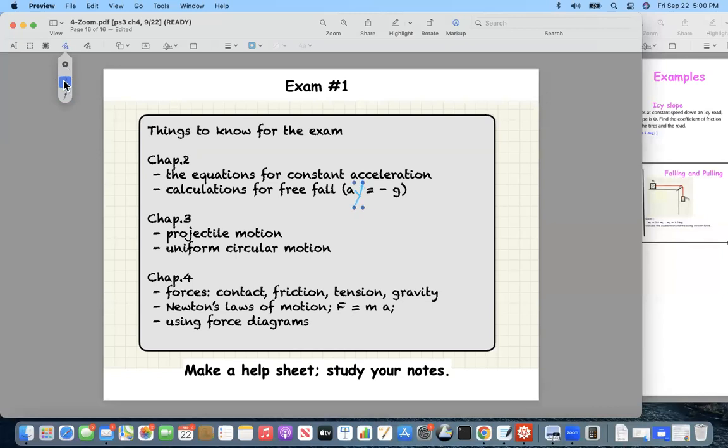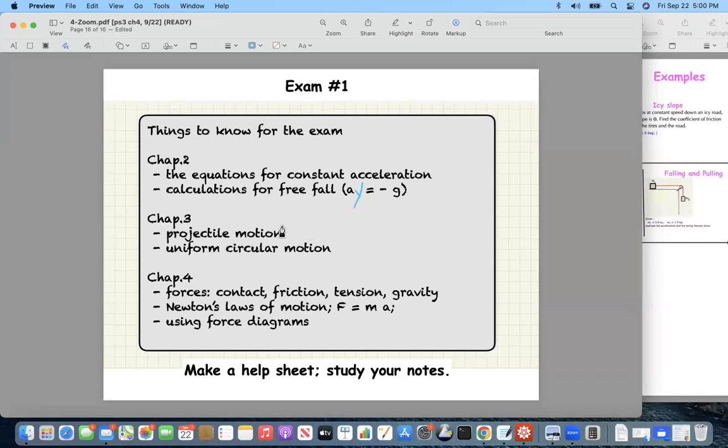Chapter 3 had two important examples of motion in two dimensions, namely projectile motion. You did a bunch of problems for the homework on chapter 3 involving projectiles, and uniform circular motion with the centripetal acceleration.